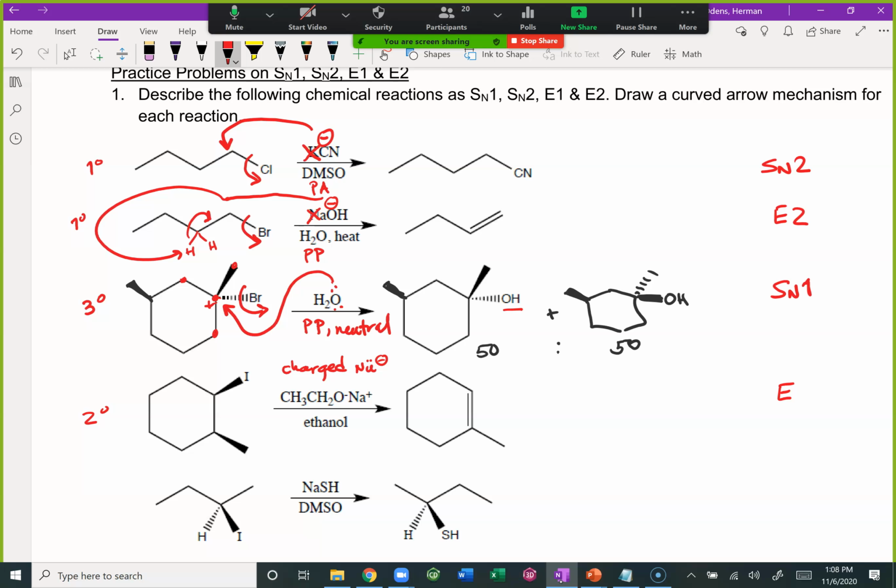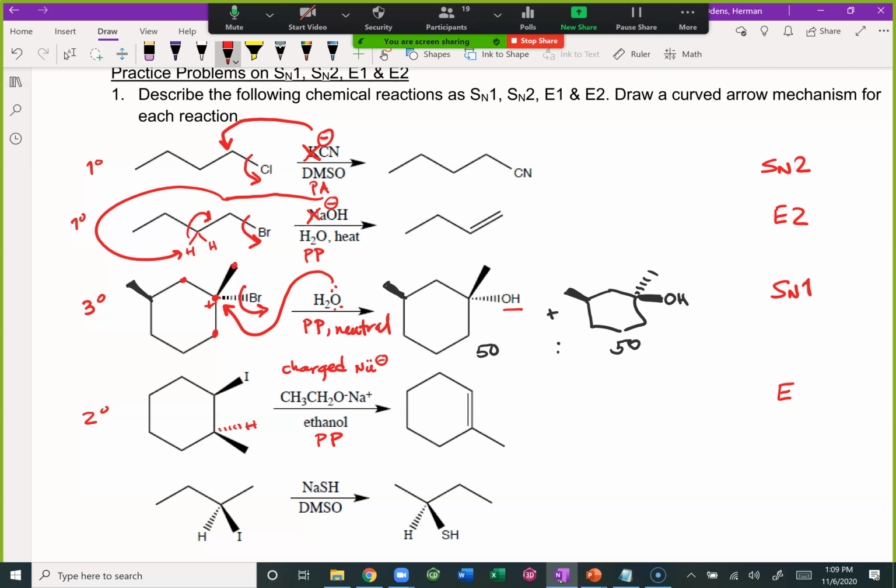What is ethanol? Polar protic or polar aprotic? Polar protic, because it has an OH group. It gives that H, that proton, that makes it protic. This is a really, really interesting example. Because notice that this H is down and the leaving group is up.